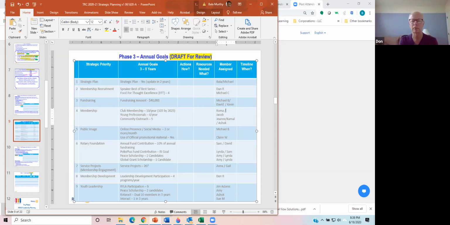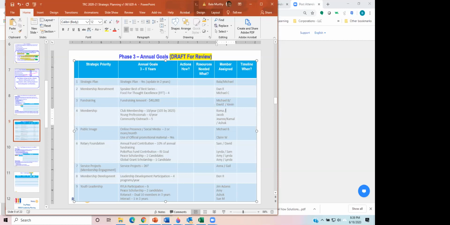I suggest the people who have been assigned, the key assigners there, get the teams together and come up with the details. This is a long process.